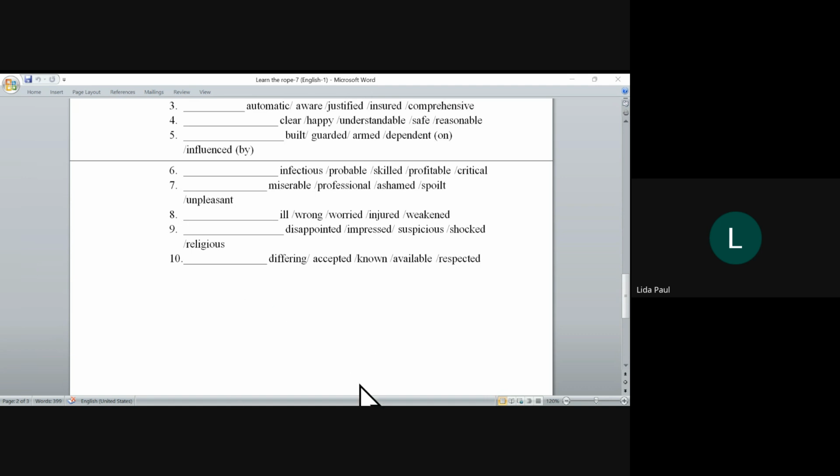Okay, so we'll move on to the next exercise. I'm just going to close this particular sheet and open the next one for you. Just give me a moment.